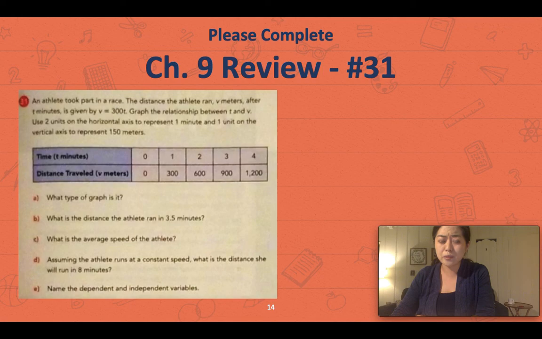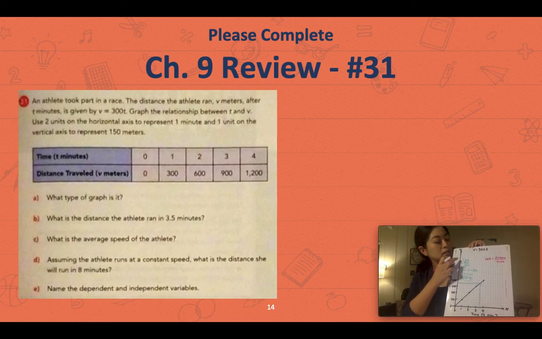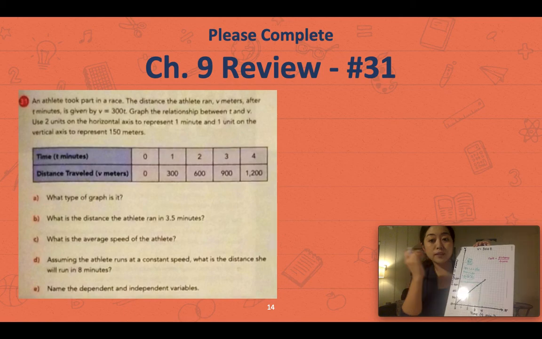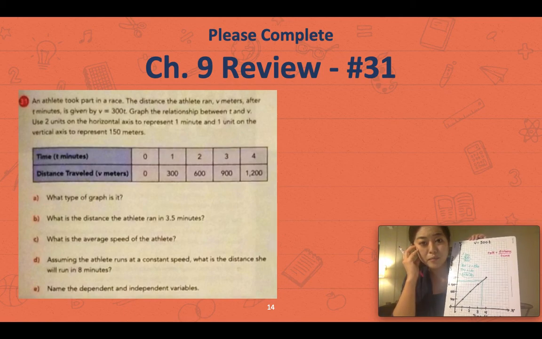And there's a formula that we learned about speed, which is the rate is equal to distance divided by time, actually. Yeah, okay. So the rate, which means speed, is equal to the distance divided by the time, okay?